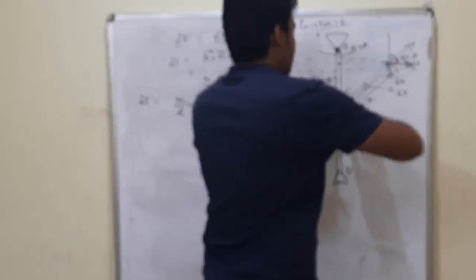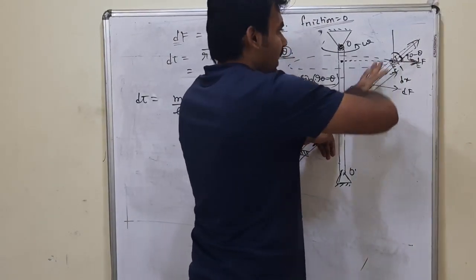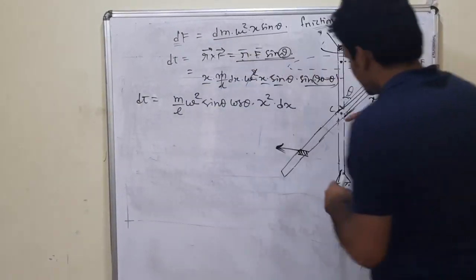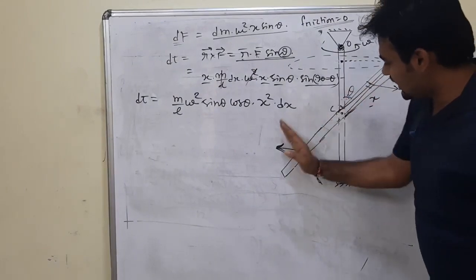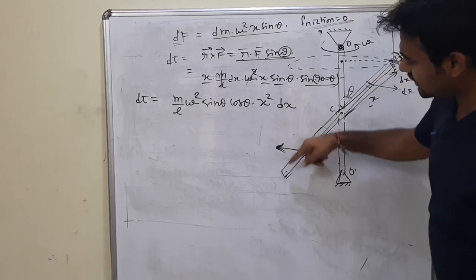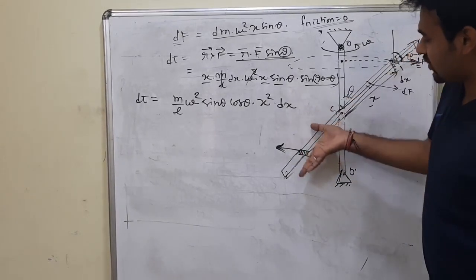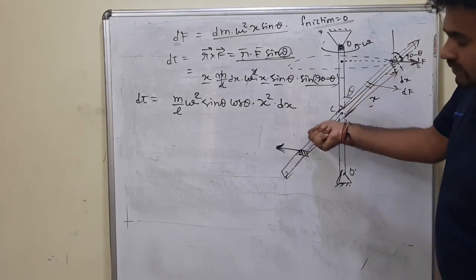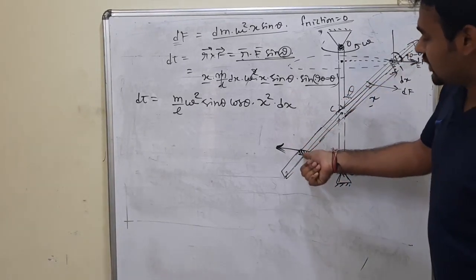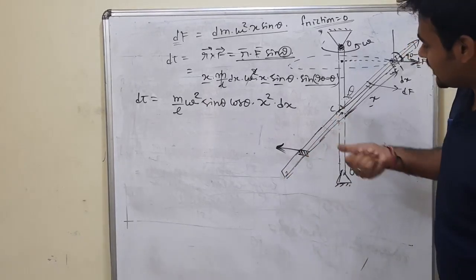Like for the elements on the right side, torque is in an inward direction, r cross f, and same for the elements on the left side of the rod. You can see this is the direction of the r vector and this is the direction of the force vector. So it is r cross f. Okay, so the torque due to centrifugal forces on these elements is also in the inward direction.